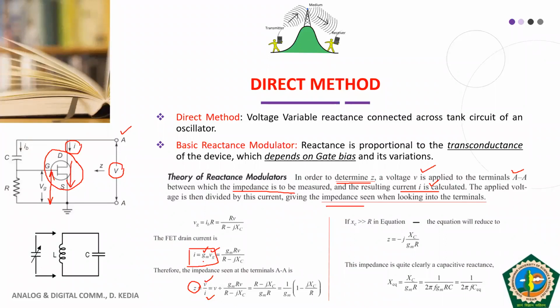Dimensionally, this transconductance is the reverse of resistance. If you look at Ohm's law, I is equal to V by R, whereas here instead of I equal to V by R, we are taking I equal to V into G, and this G is 1 by R. So this is conductance, and we call the conductance in this governing equation of the FET transconductance. So this is what we have seen here: I equals Gm Vg. Fine.